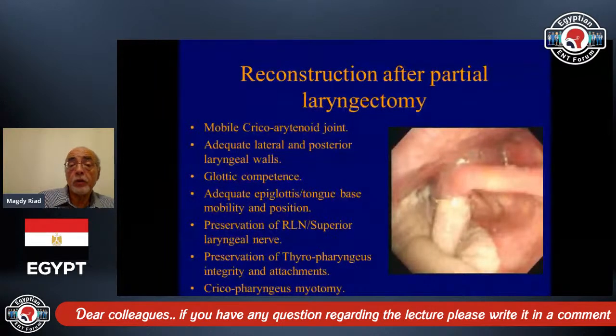You need good mucosal cover to all structures, because if you don't do this, scar tissue is going to form, and fibrosis would change the position of all your reconstruction. You need the residual parts of the larynx to be working and to have enough sensation. You need to preserve the nerves to all these muscles, and of course, you need a good cricopharyngeus myotomy at the end of the operation.